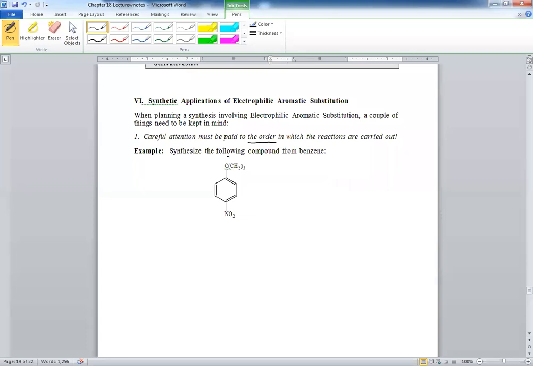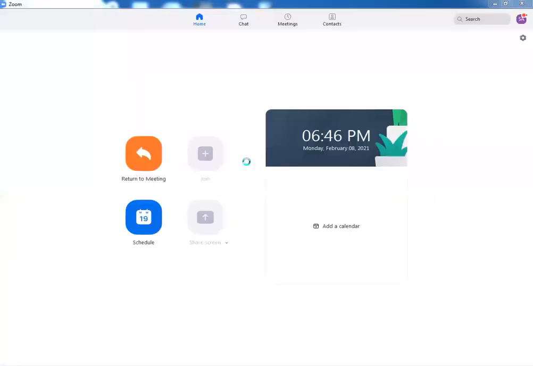So if we look at this reaction and we're supposed to synthesize it from benzene, we know we have an alkyl group here, tert-butyl. We know we have a nitro. Right away, we can think of those reactions, nitration and Friedel-Crafts. And then we just say, okay, let's just throw everything in there. It doesn't matter what order.